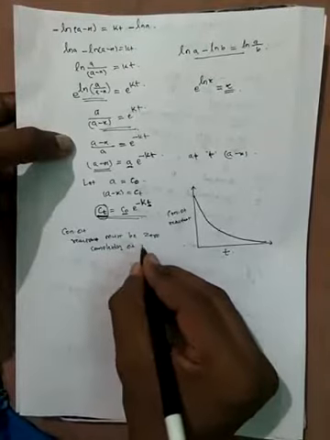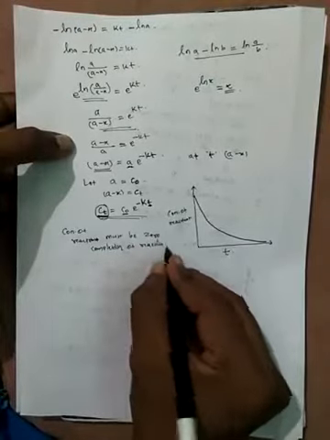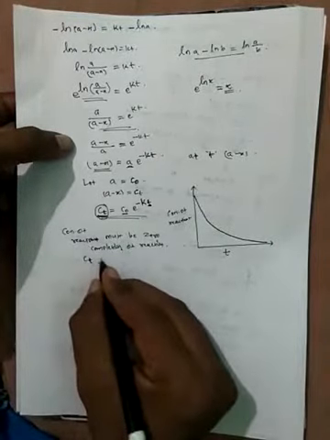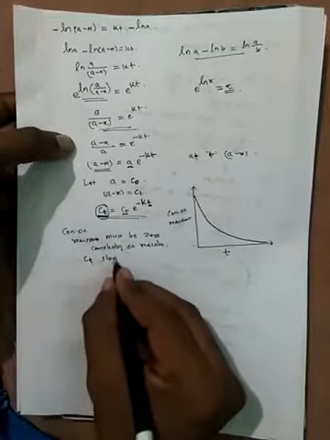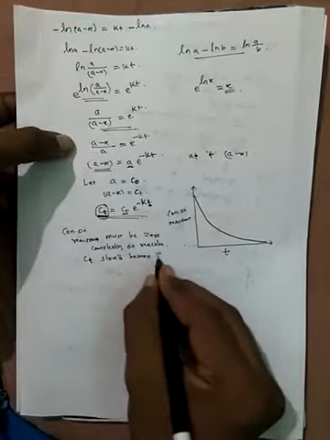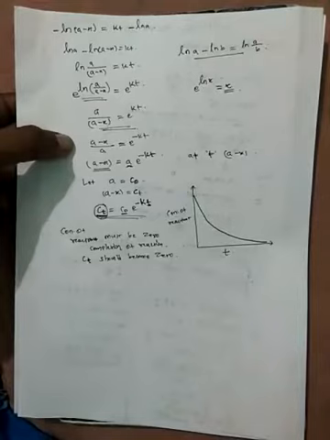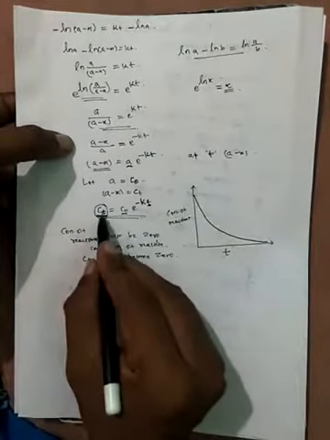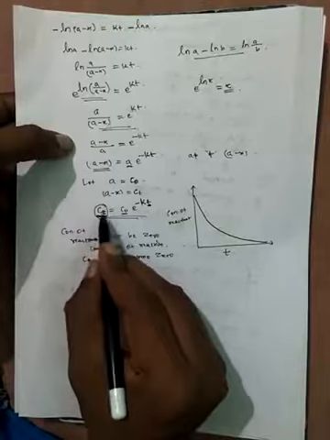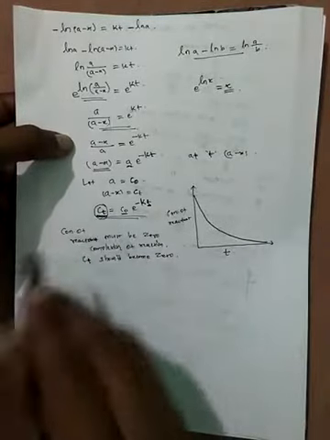That means that Ct should become zero. So when the value of Ct becomes zero, then I'll say the reaction is completed.